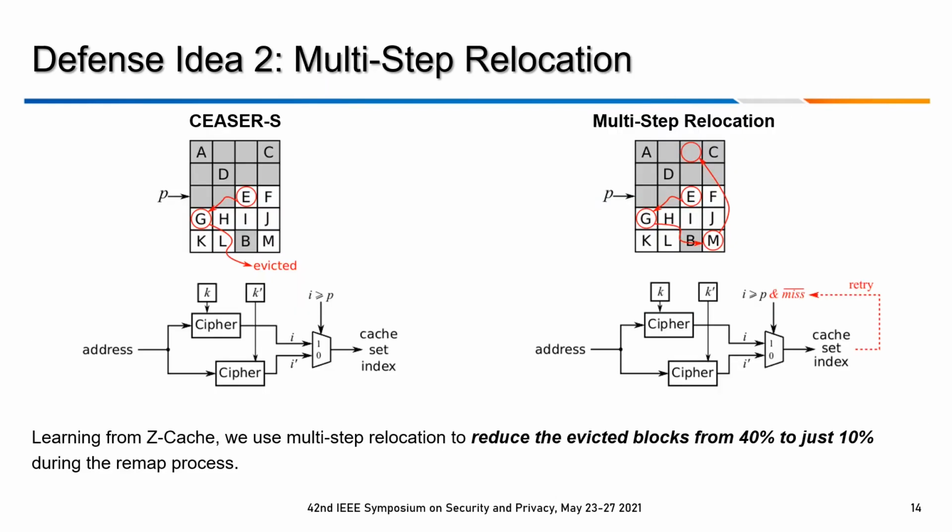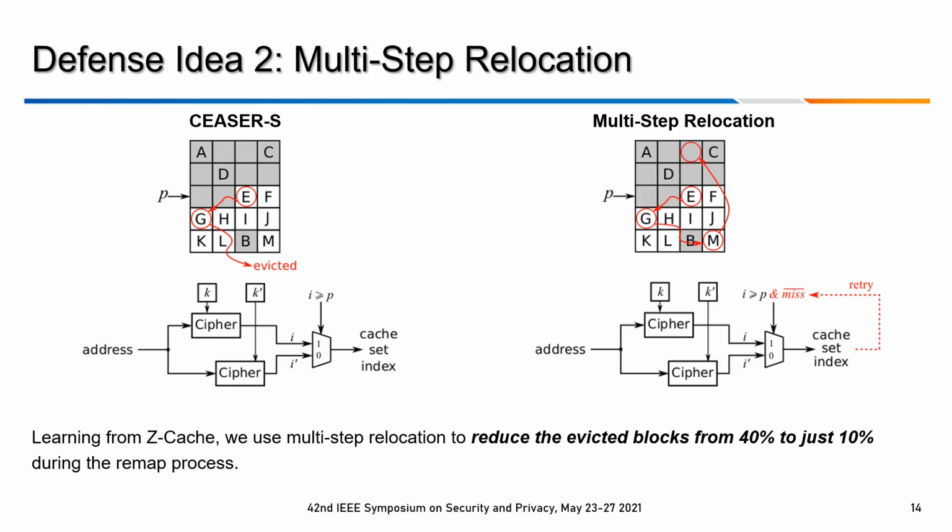To further reduce the cost involved in the remap, we propose to use a multi-step relocation scheme instead of the one-step relocation used in CEASER. According to our estimation, 40 to 50% of the cache blocks are evicted in CEASER every time there's a remap. When multi-step relocation is used, the remapping process will keep trying to relocate a cache block until a free location is found or a previously relocated block is evicted instead.